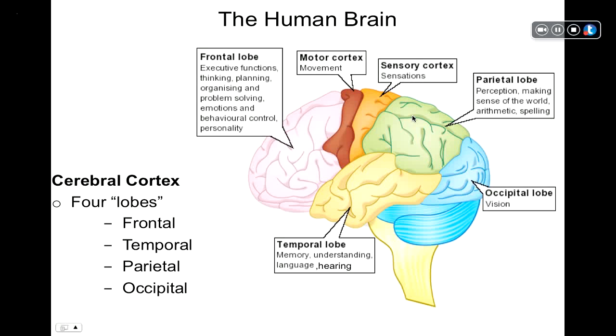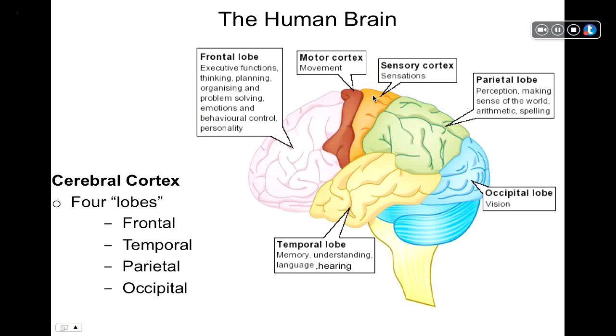Let's go up here to the parietal lobe. The parietal lobe is responsible for functioning and perception, that is, cobbling together what we hope is a reasonably accurate rendering of the world out there in our mind's eye. So, making sense of the world, mathematics, spelling, and then there's a strip in the front of the parietal lobe known as the sensory cortex. And like the motor cortex, sensations are mapped out in this little strip.